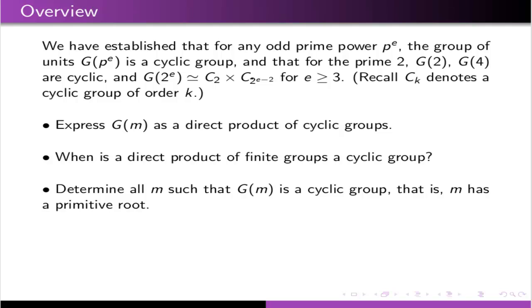In particular, we want to determine all values of m such that Gm is a cyclic group, which would mean that m would have a primitive root. And there's a great advantage in number theory for moduli that have primitive roots. Take the primitive root 2. Then you can say that every integer is a power of that fixed value.